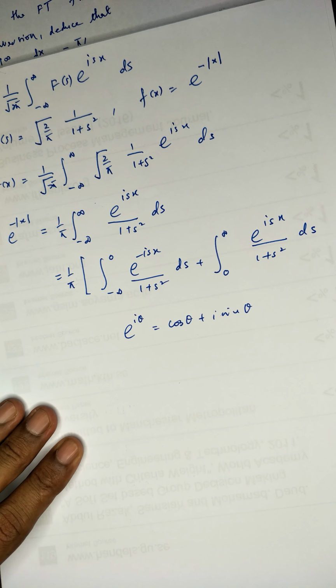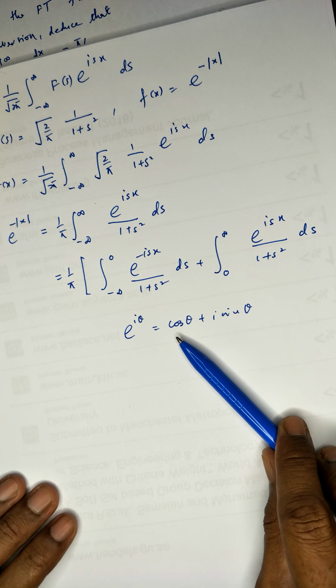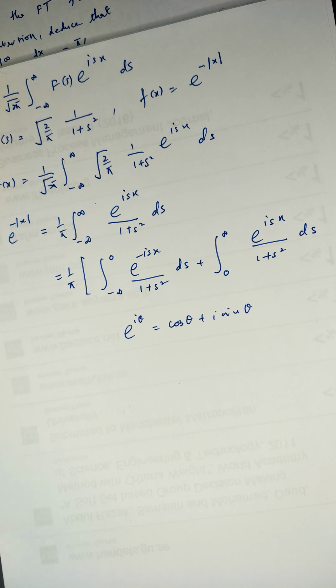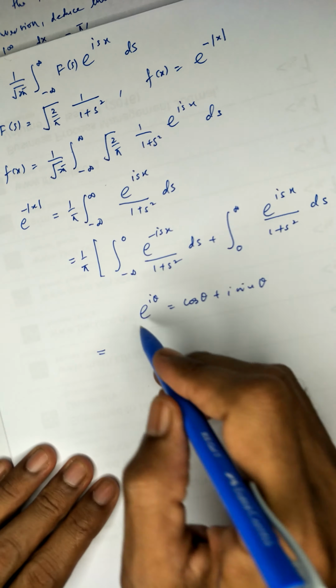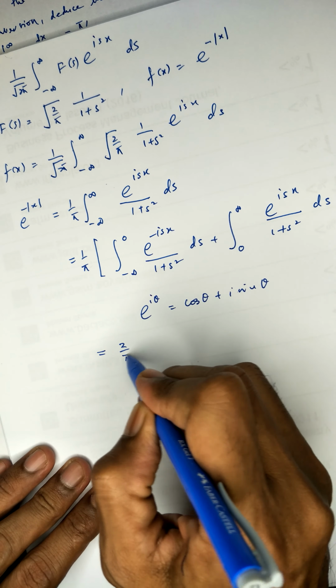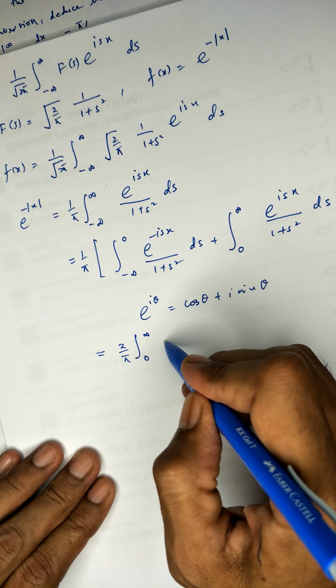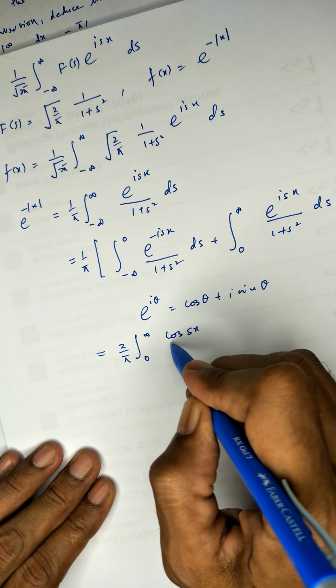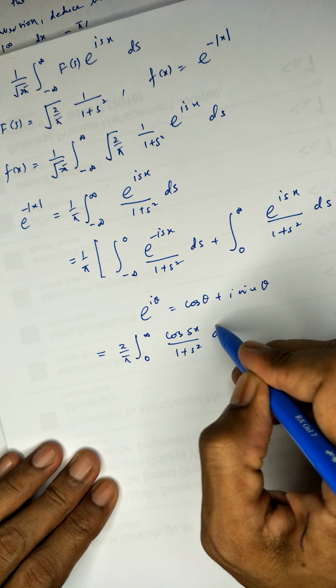So the imaginary parts cancel out. What is left is twice the real parts, so that will give you 2 over pi, the integral from 0 to infinity of cos sx over 1 plus s squared ds.